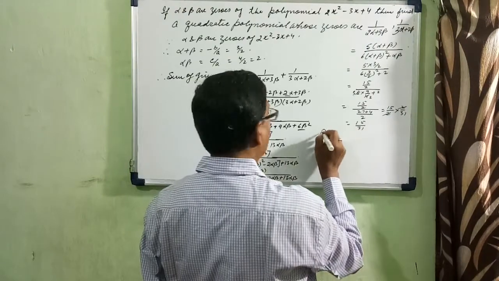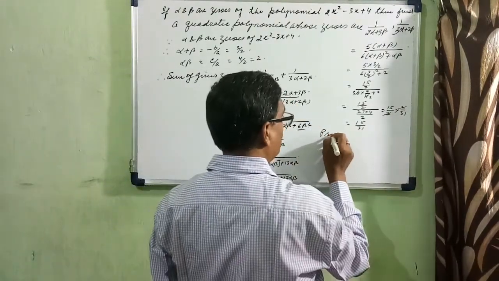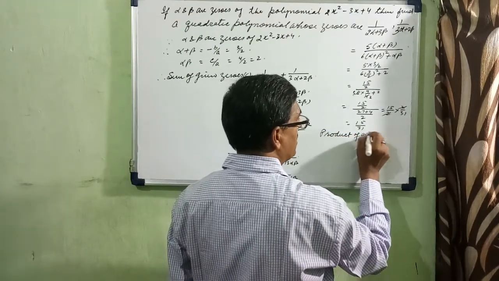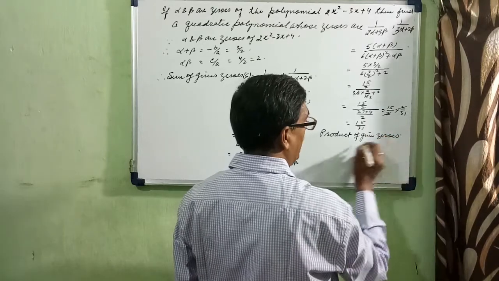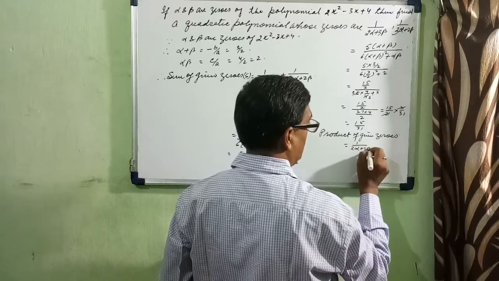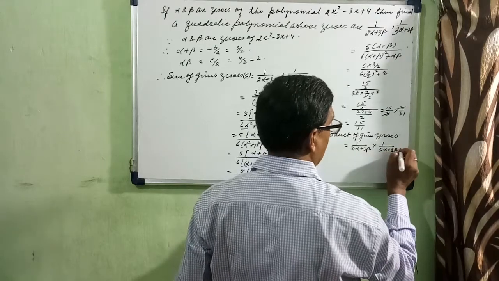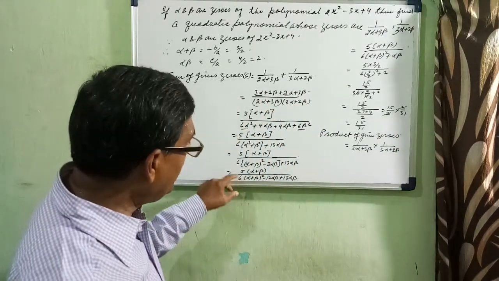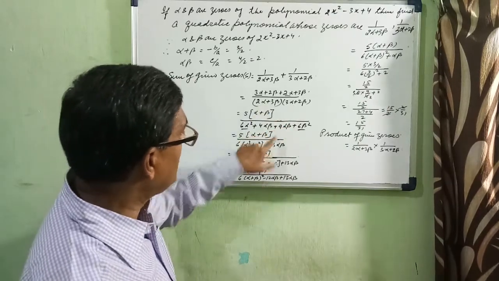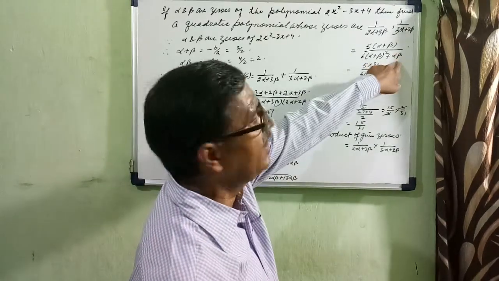Now the product of the given zeros will be 1 by (2 alpha plus 3 beta) into 1 by (3 alpha plus 2 beta). You have already multiplied the same terms here, so we can come directly here.